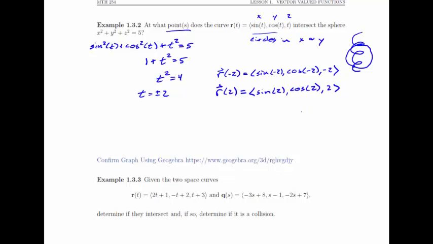And while we could get approximations using a calculator, we are actually going to avoid that and just say that these are the exact points where this occurs.